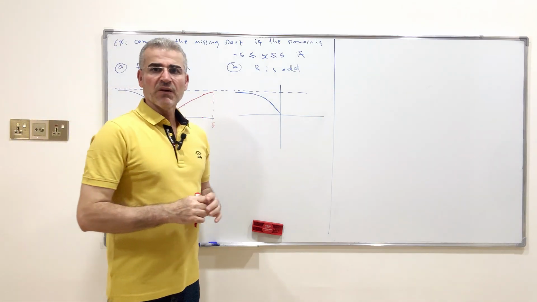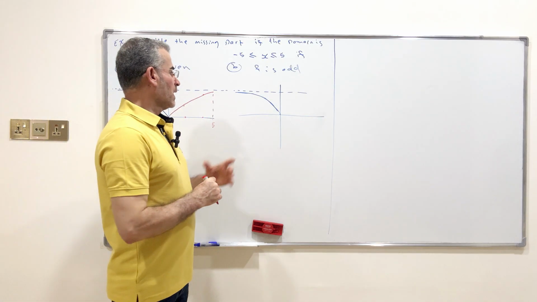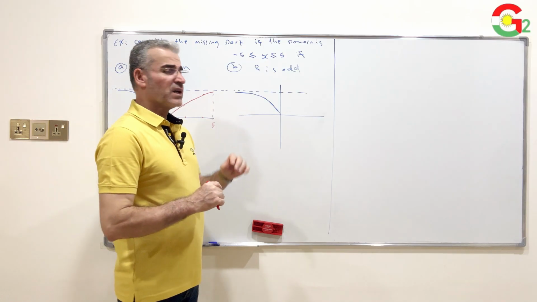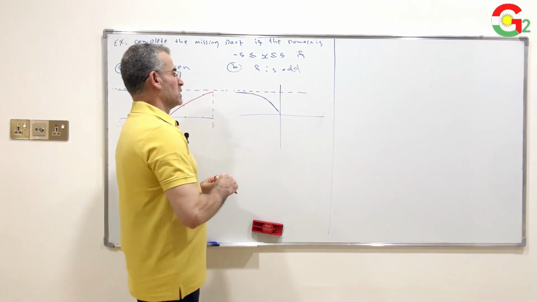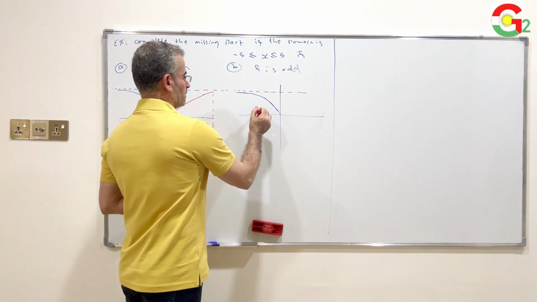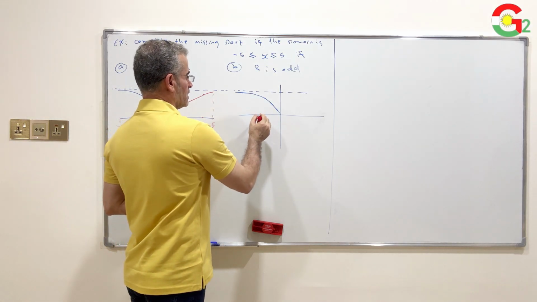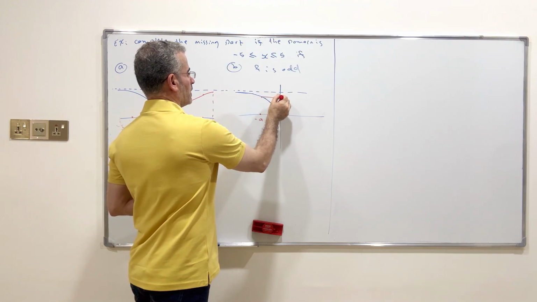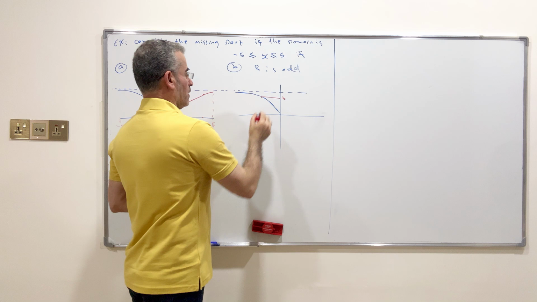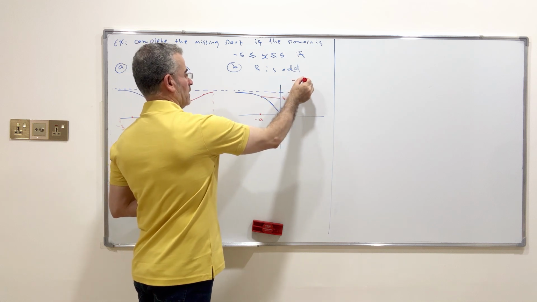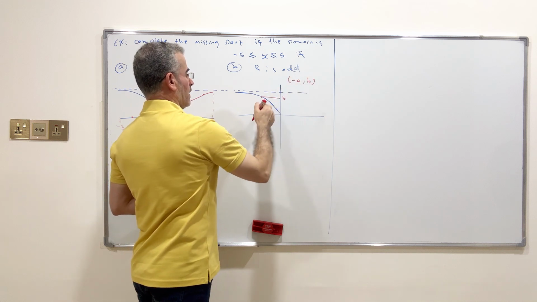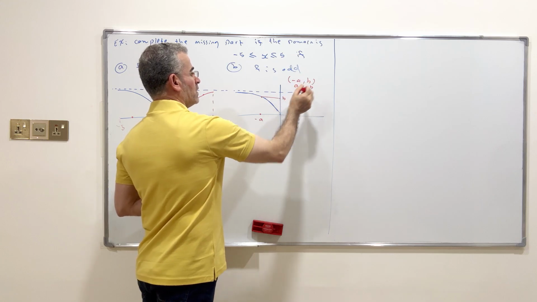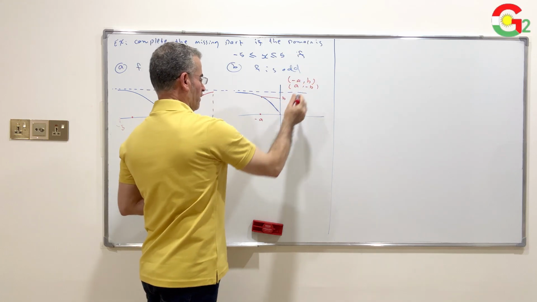If the function is odd, then the value is not changed, but the sign of the value will be changed. If this point here is negative a, and this value here is b, and the point is (negative a, b) and the function is odd, then the point (a, negative b) should also be in the graph.